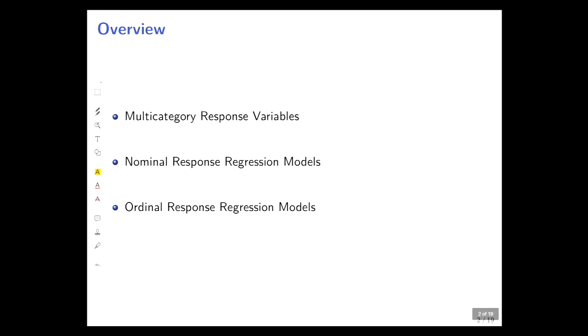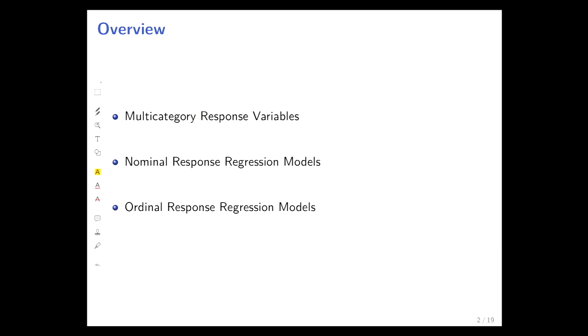In order to talk about this topic, firstly, I need to introduce what the multi-category response variables are. You may think it's not that hard in the beginning, but actually you need some time to process the difference between the multi-category and the two-category. The most important difference here is the order, and I will explain more details.